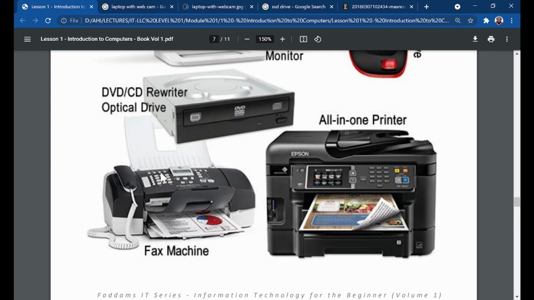When the paper enters my machine, in their office, their fax machine will start printing. When it is going down here, it will be printing in the office.